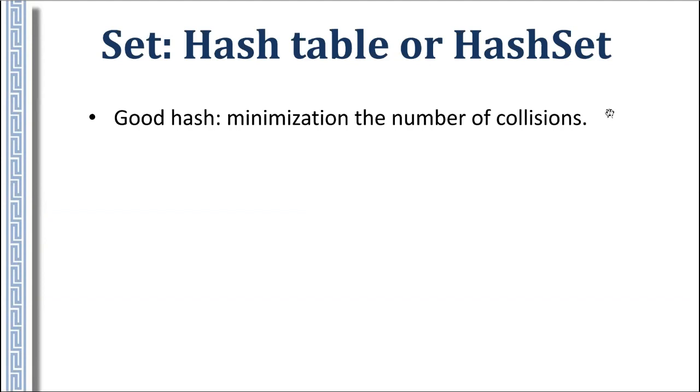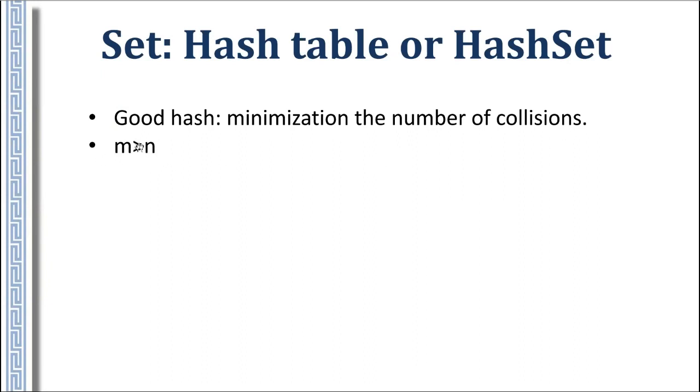If m is very big, as big as all possible values of arguments, then we definitely don't have any collisions. But we need small memory. That's why we also want to minimize this m value. But anyway, we don't want too many collisions.